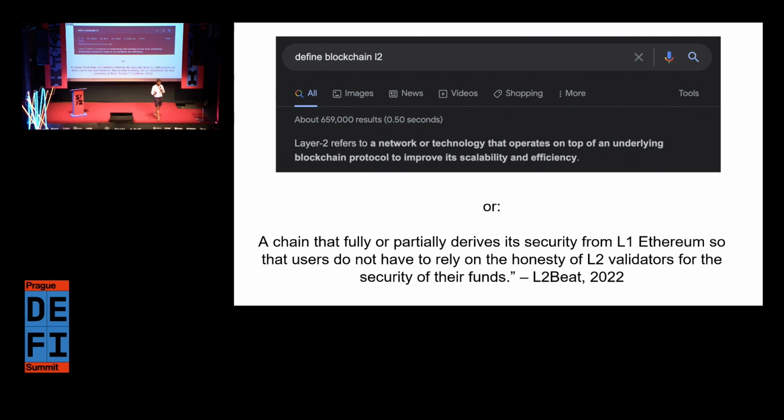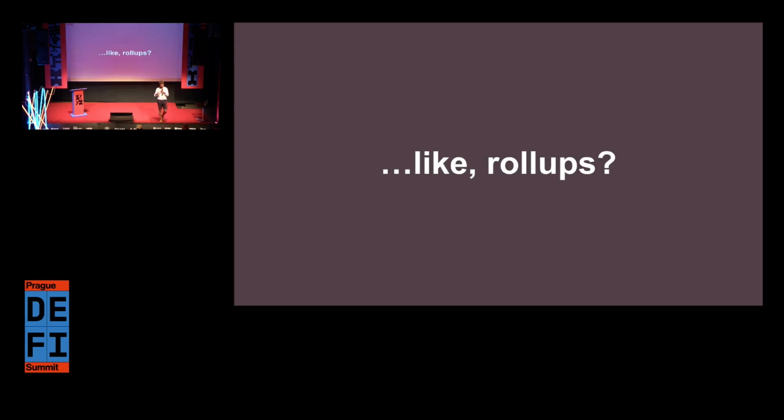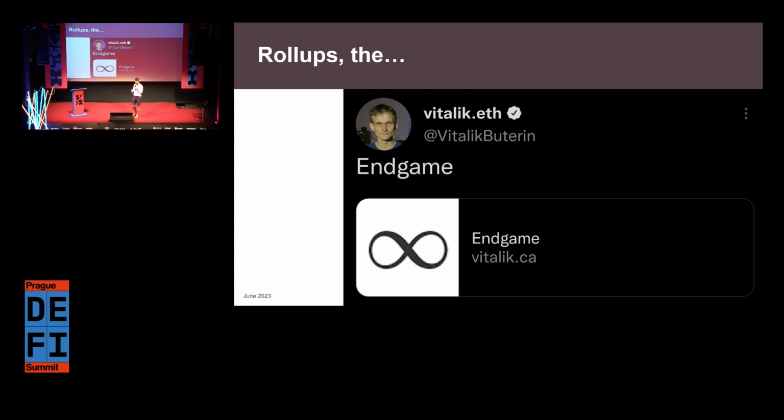I guess the main rough intuition I would give you is that an L2 is some sort of system that serves to scale Ethereum while retaining some notion, or some inheritance, of its security and decentralization properties. And so rollups are one type of such L2s, and they have been touted as the endgame by some people, and have come into the spotlight in the last year or two.